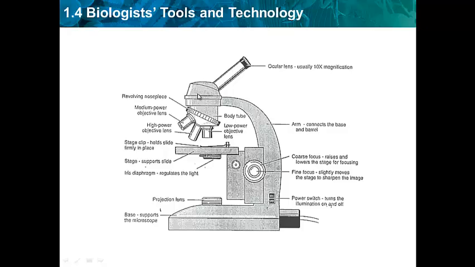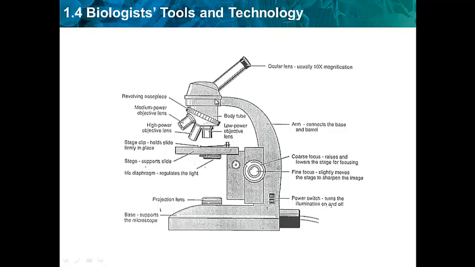This piece here is able to turn, and on it are the objective lenses. Usually there are 3 or 4 objective lenses, and each one has a different magnification. I'm pointing to the arm, which connects the base of the microscope to the upper part, which is called the barrel or the tube.